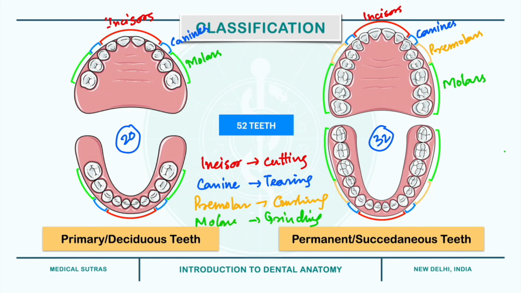So, to sum it up, the primary teeth include 4 incisors, 2 canines, and 4 molars in both arches. And the permanent dentition consists of 4 incisors, 2 canines, 4 premolars, and 6 molars in each arch.